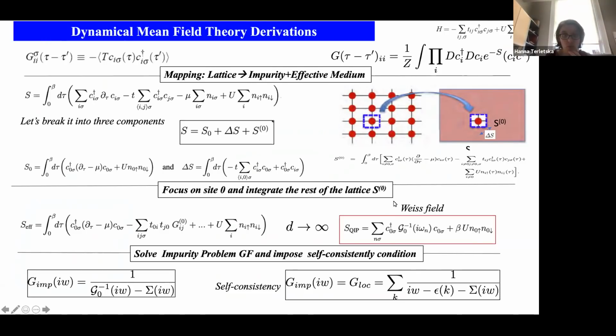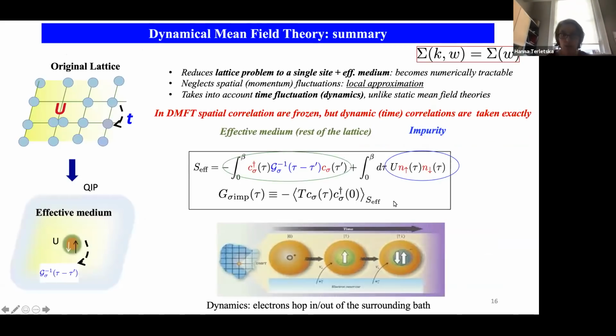There were too many equations, but in a nutshell, what we have done is reduce the intractable interacting original lattice problem into a quantum impurity problem. So we have an impurity placed in an effective, dynamic medium. In dynamical mean field theory, this effective medium and the self-energy are only functions of time or frequency.